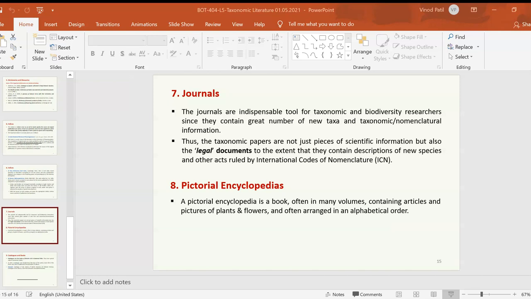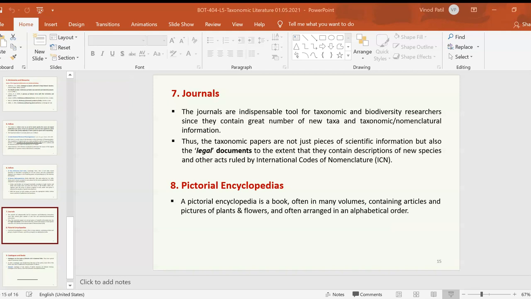The journals are indispensable. We cannot keep this journal tool aside because these are indispensable tools for taxonomic and biodiversity researchers, since they contain great number of new taxa and taxonomic information.